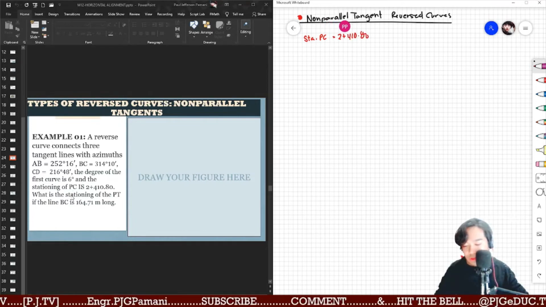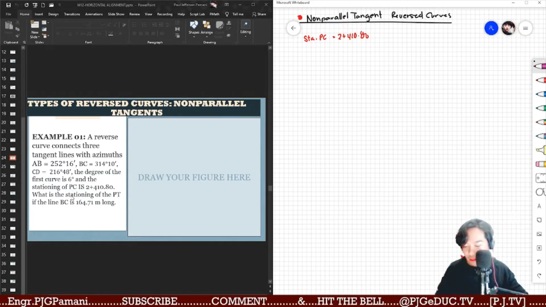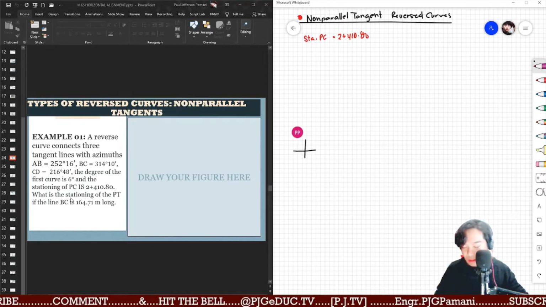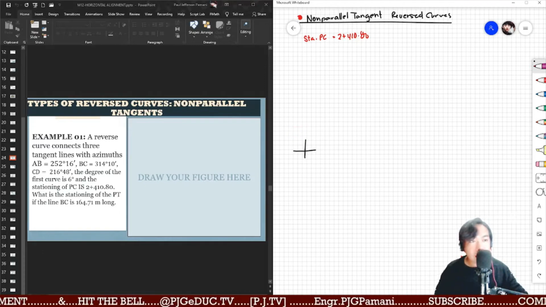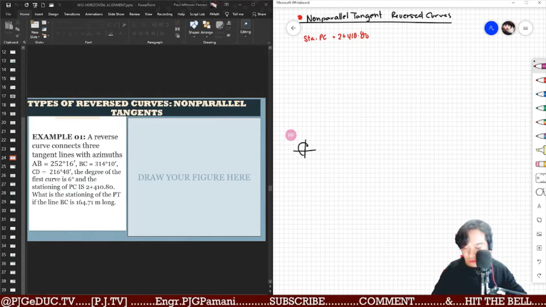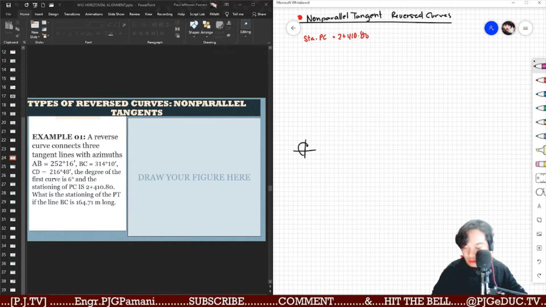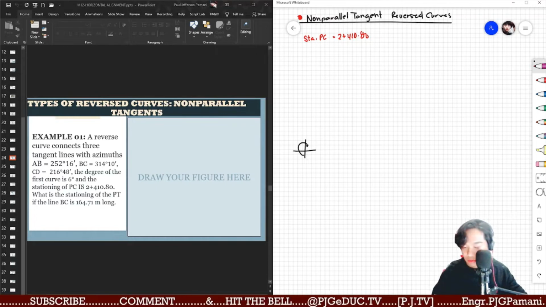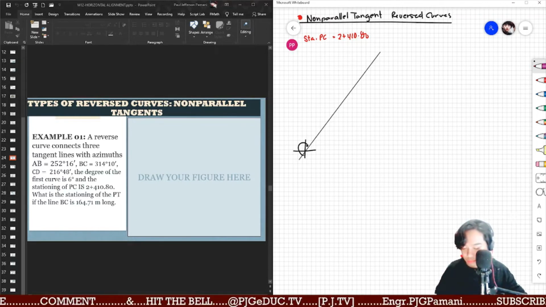So once we now draw the figure for this problem, tangent line AB has an azimuth of 252, if you could still remember your angular prelims in the discussion for the measurements of angles and directions.